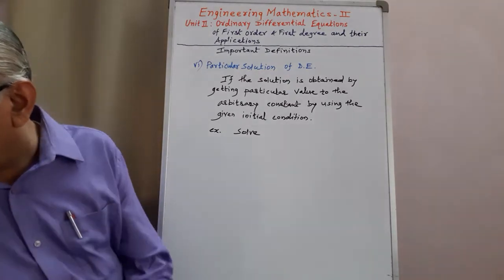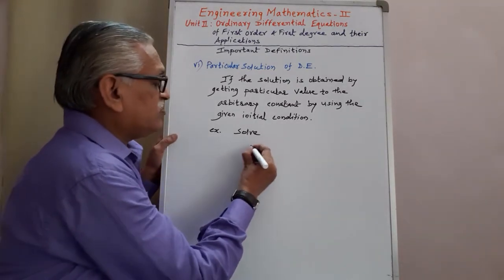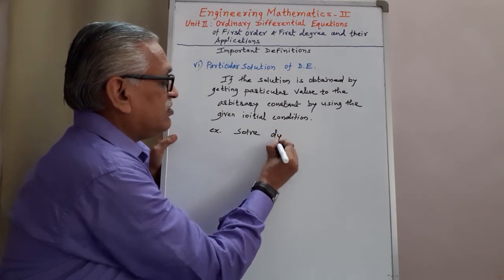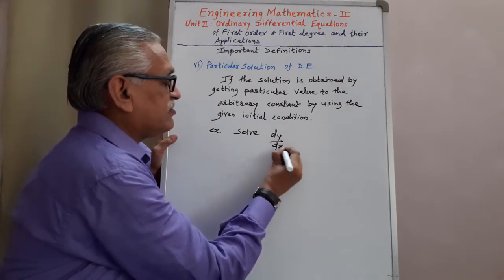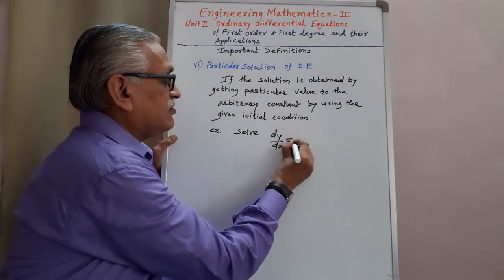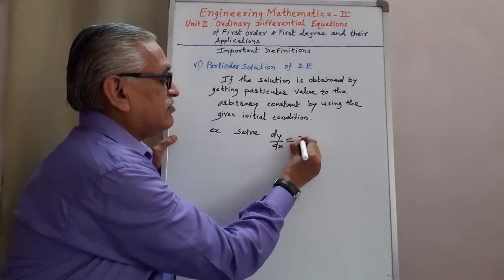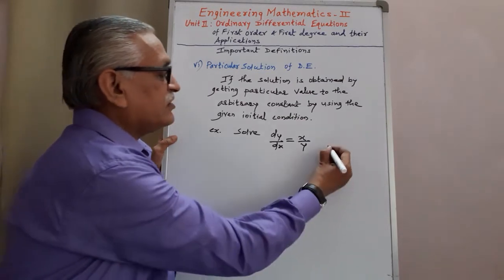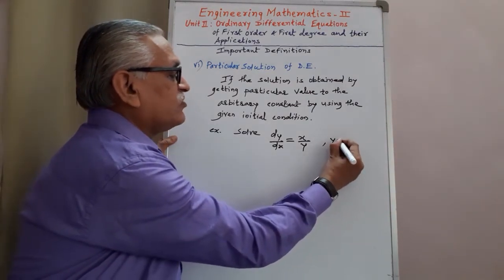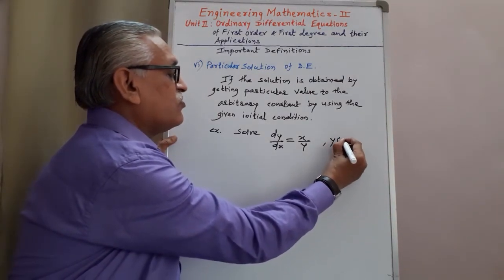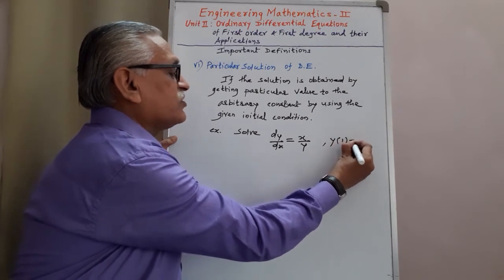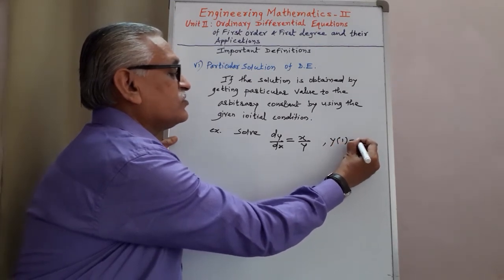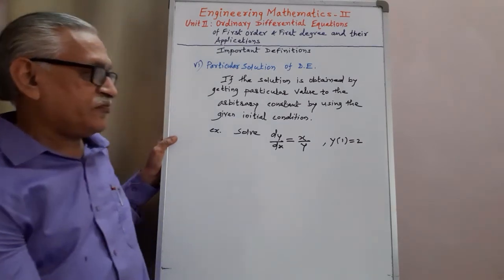For example, solve dy by dx is equal to x by y, and condition y of 1 is equal to 2, suppose.